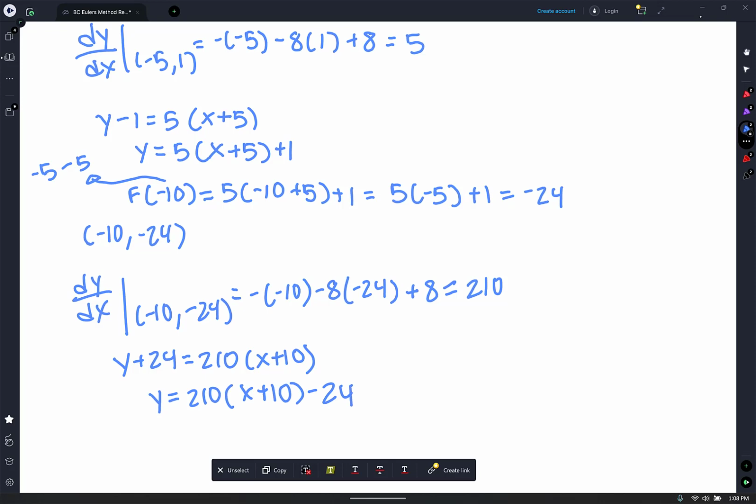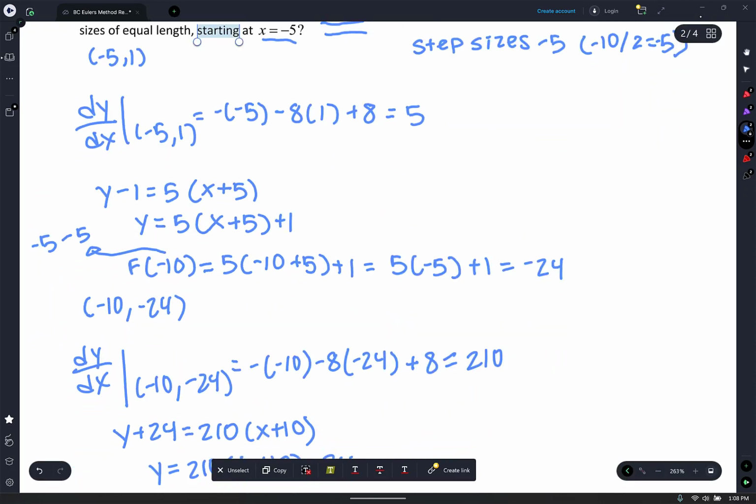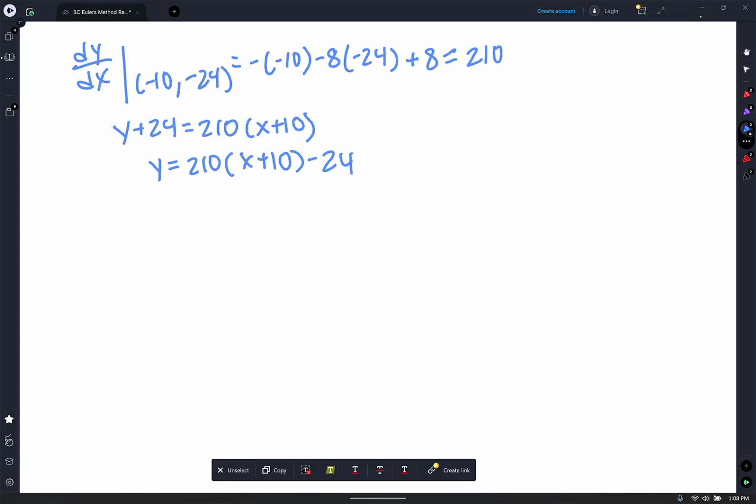And then the last y that we are going to use is f of negative 15, because that is the final destination that we need, the final approximation, and also negative 10 minus 5 is negative 15. So 210 times (negative 15 plus 10) minus 24.